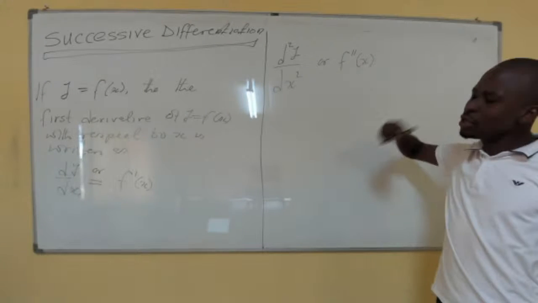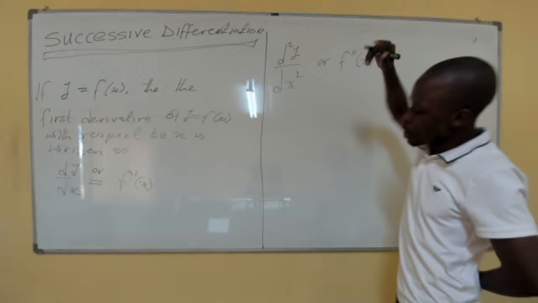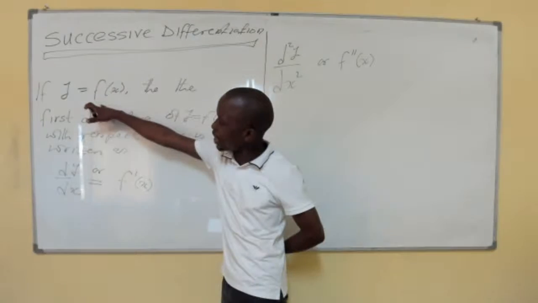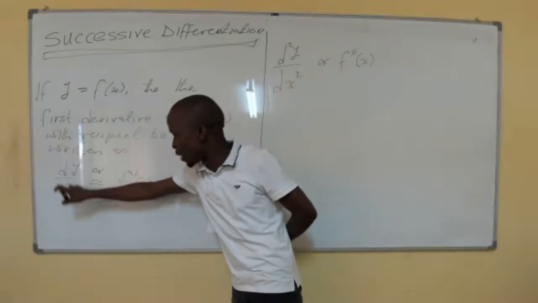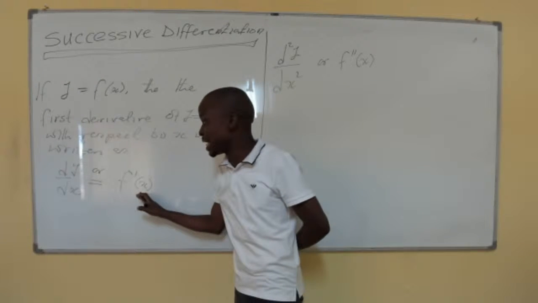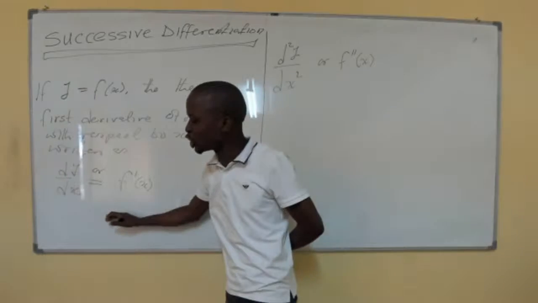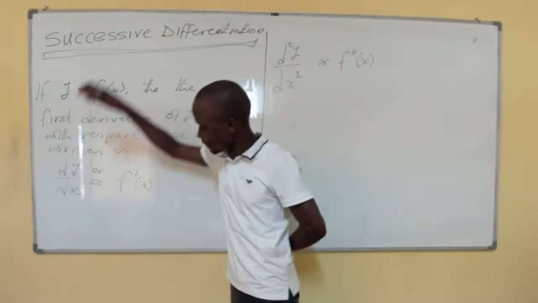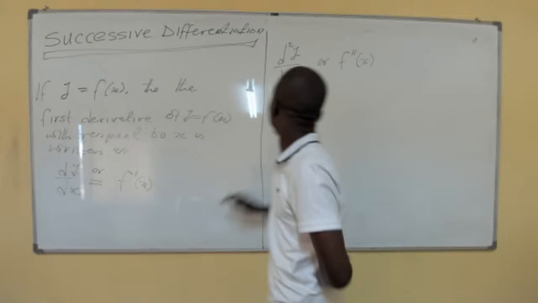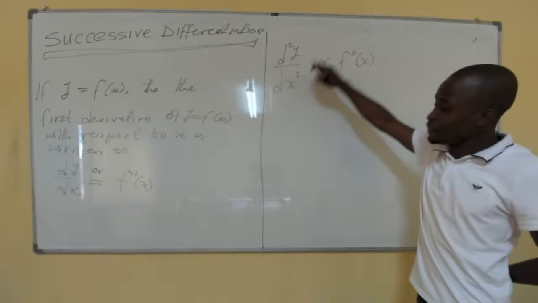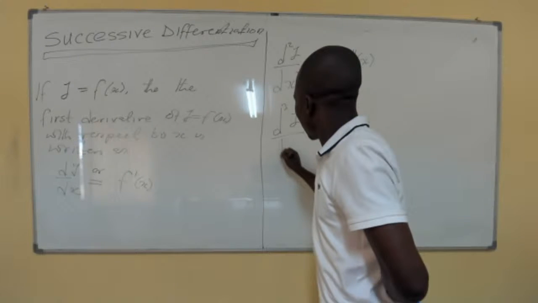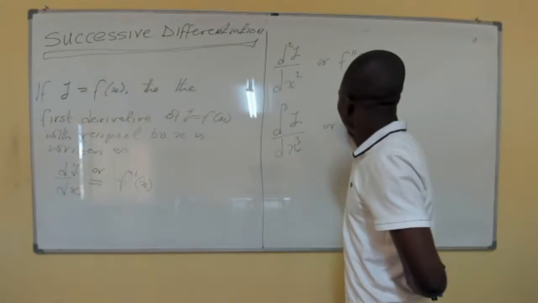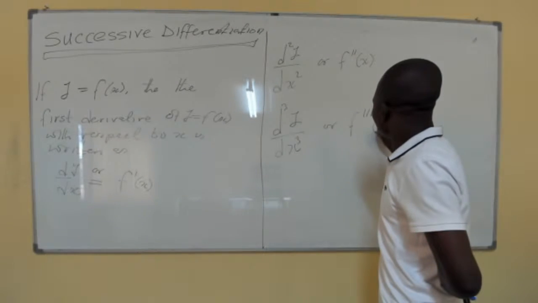If after the first step you have the function y equal to f of x and you differentiate it, you get dy/dx or f prime of x. Then if you differentiate the differential coefficient again, you get the second derivative. Differentiate again and you get d cubed y over dx cubed, or f triple prime of x.